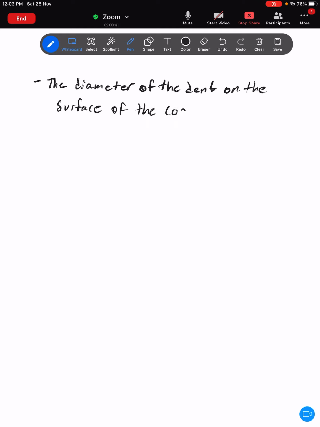Okay, the next will be the diameter of the dent yang dibengkok tu. The dent on the surface of the copper block is measured.